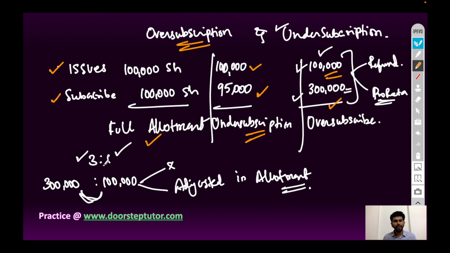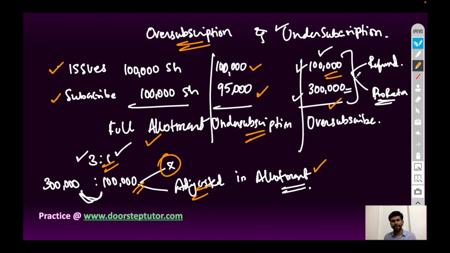So in this case also, either they will provide a refund of money, but it is better to adjust the money in the next round, that is in case of allotment.